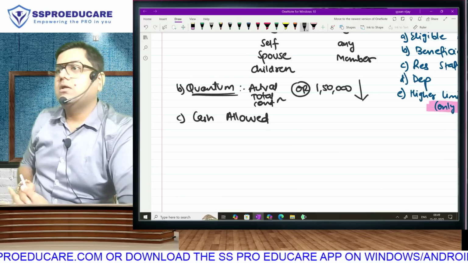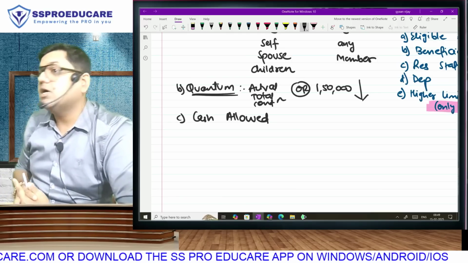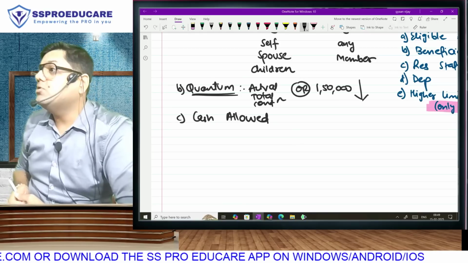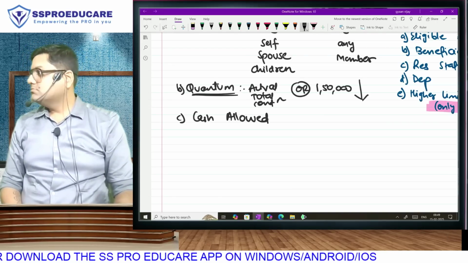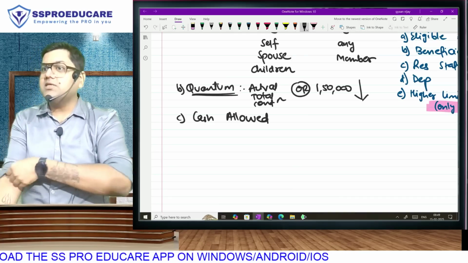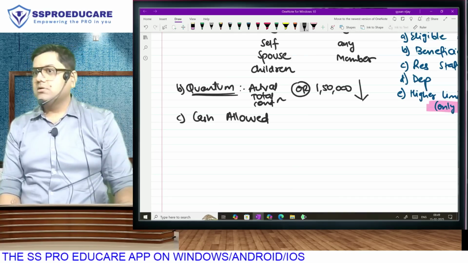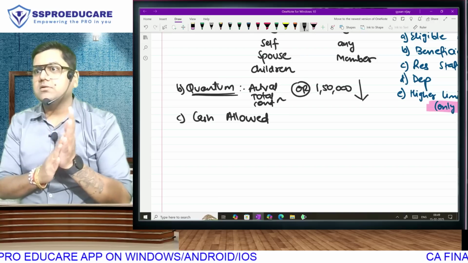As surprising as it may be for you, but yes, ladies and gentlemen, your cash is going to be allowed. Surprising but true, cash is allowed because you have to understand whom we are targeting. Our target is middle class, lower middle class, even lower than lower middle class. They are the ones whom we want to encourage for savings and investment.